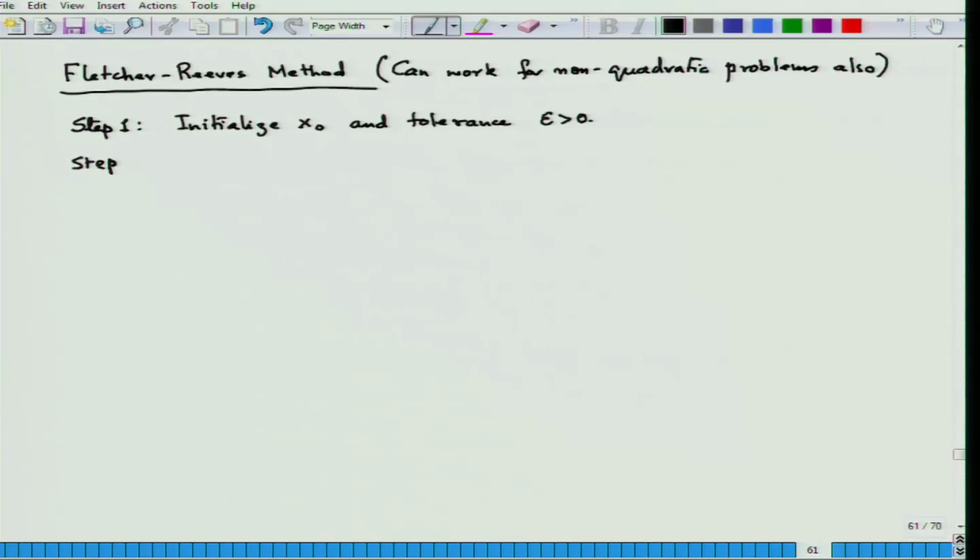Step 2 is to set k equal to 0. Then we compute G0, that is the gradient at x0, and set the first conjugate direction.